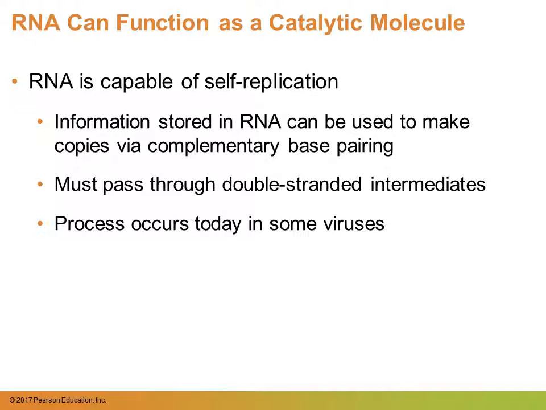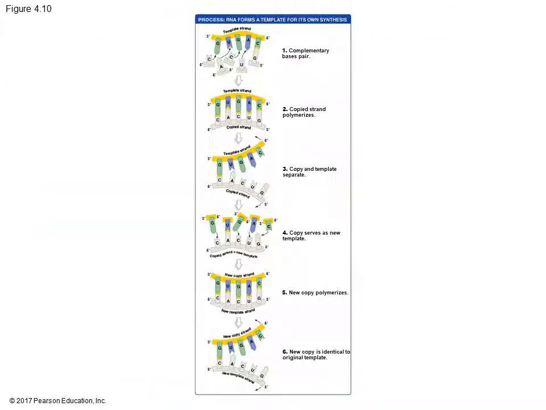Again, RNA is capable of self-replication, and that's very important because it doesn't have to rely on other enzymes or proteins to help build a new molecule of RNA. And here it shows exactly how that works. So here it is catalyzing another strand of RNA. And notice it's doing that using complementary base pairing.